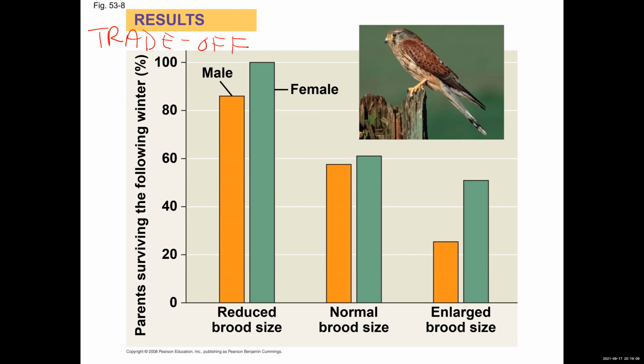And we should see that the number of chicks that they're raising each year should maximize their lifetime reproductive potential. All right, so this is a trade-off. This is a thing where, okay, we won't raise as many chicks as we possibly could because there's a consequence for doing that, and that's decreased survival of the poor, exhausted adults after that busy summer of raising all the chicks.